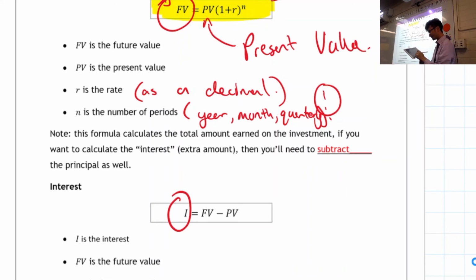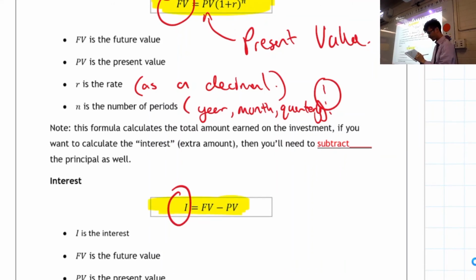What are they doing here in this formula? They subtract, right. So if I have something that's worth a particular amount in maybe 5 or 10 years' time, I have to subtract the original amount, the present value, to see how much extra I'm getting.